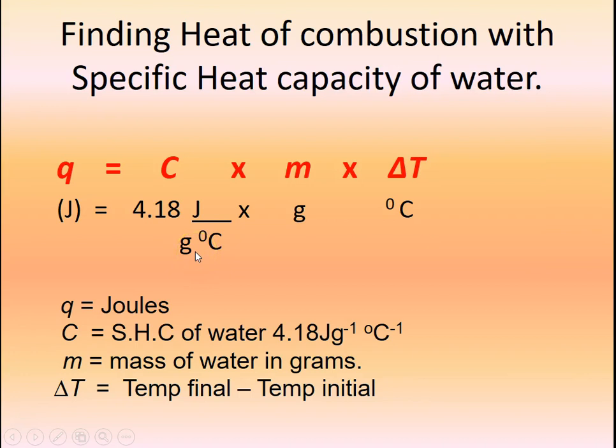If you have 2 grams of water, then you would need twice as much. So if you multiplied that by 2 grams, then these units would cancel out the grams. Or if you had 1 gram of water and you wanted it to go up 2 degrees, then you would need to multiply it by 2 as well, because you'd need twice as much for it to go up 2 degrees. So that would cancel out too.